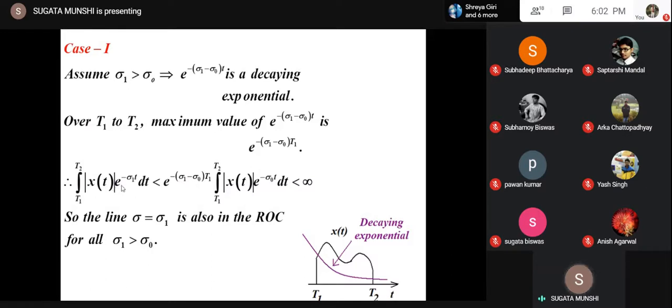Therefore, this will be less than this maximum value times that integral. This is finite because we started on the assumption that this one is finite. That one is maximum at some finite value. Its maximum possible value is shown here. That is finite. Therefore, this integral is finite.